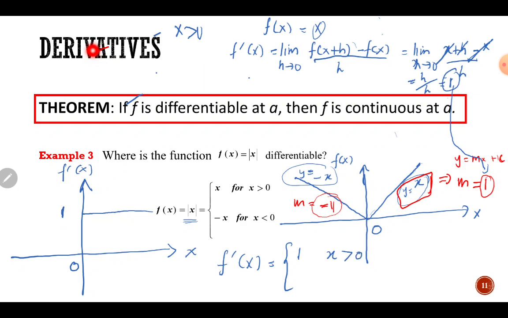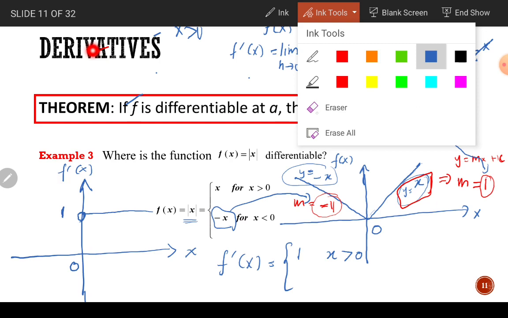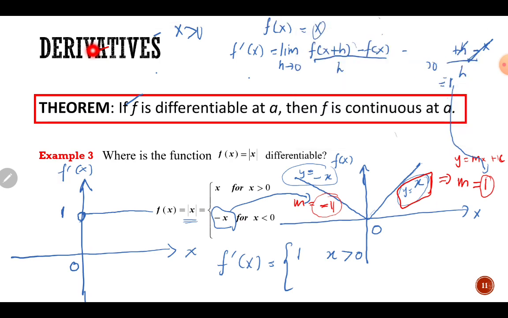Actually, at x equals 0 it is not defined. And then for negative x, we have actually already found that m equals negative 1. But if you are not satisfied, that's fine. You can find it as well.